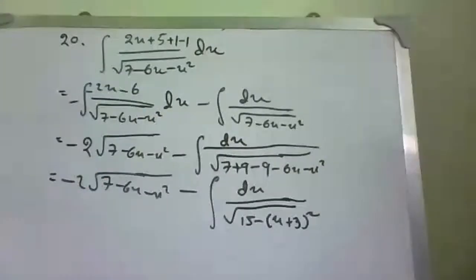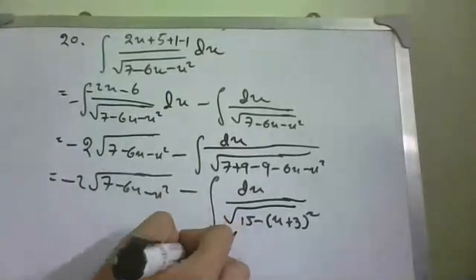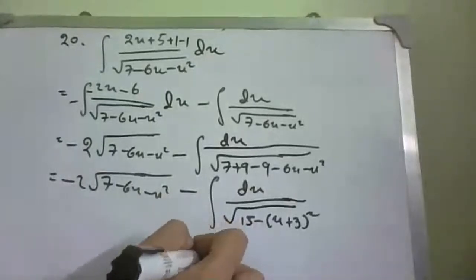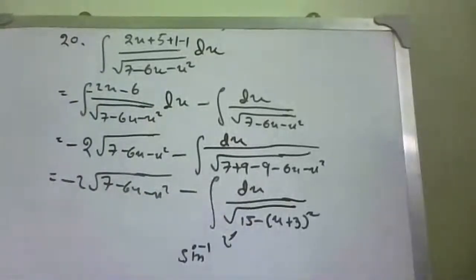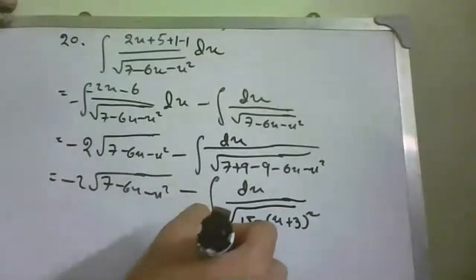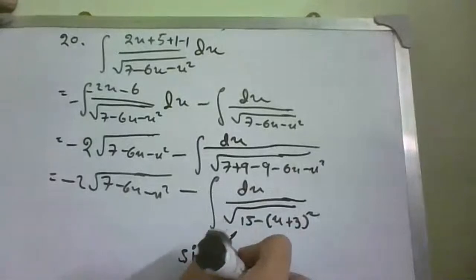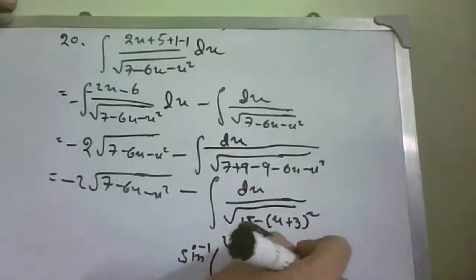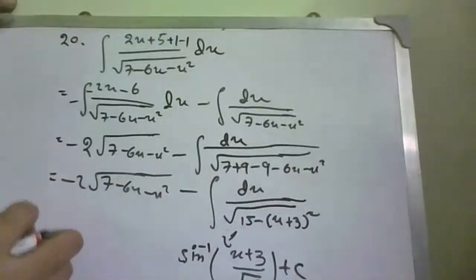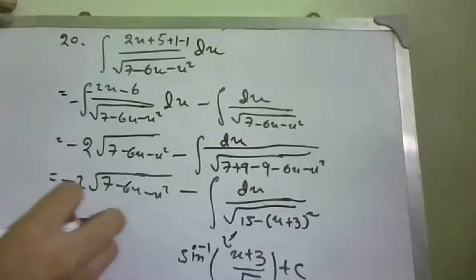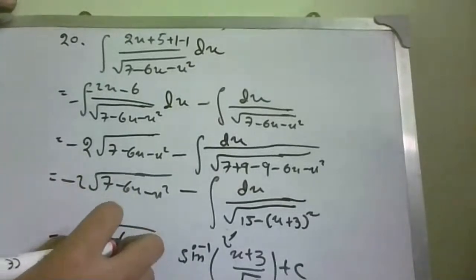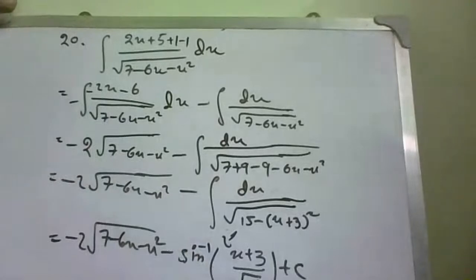So this particular integral is sine inverse of (x plus 3) over root 15, and we have minus 2 root of (7 minus 6x minus x square).